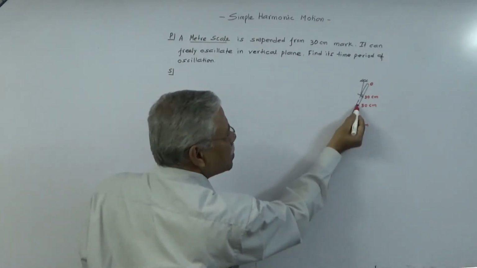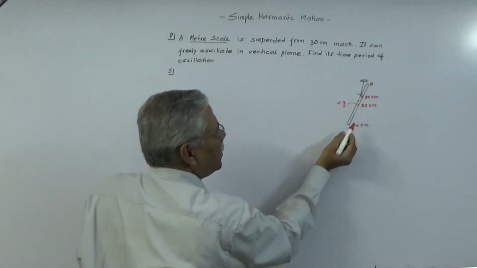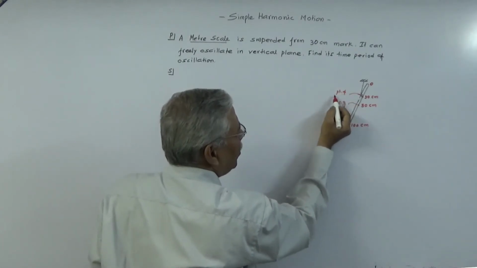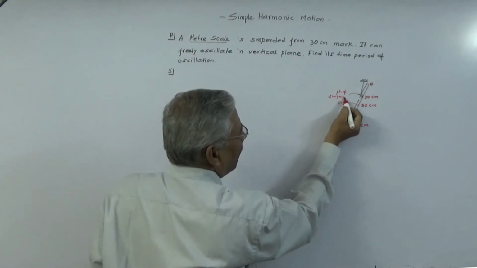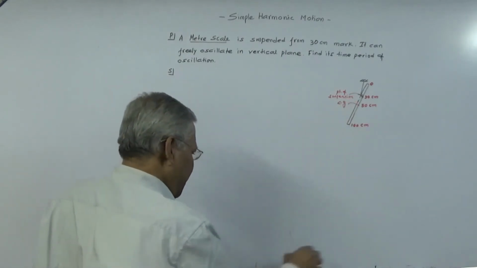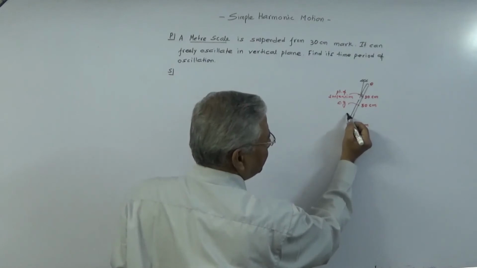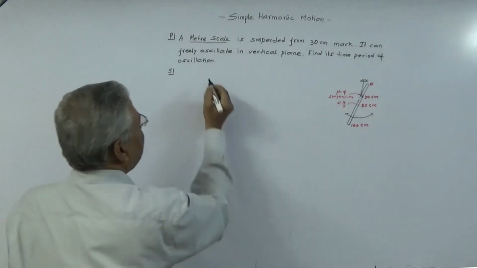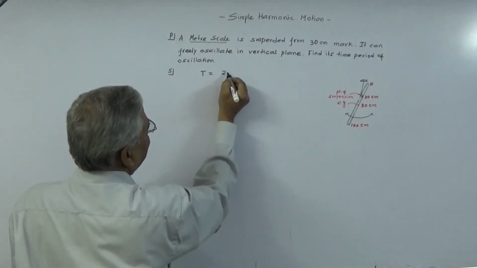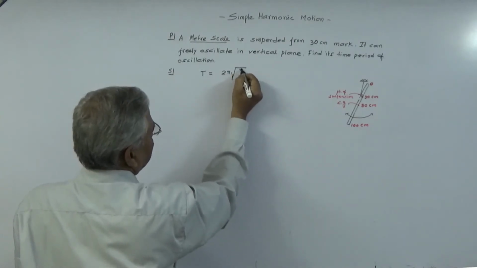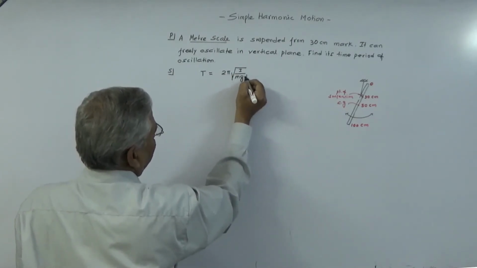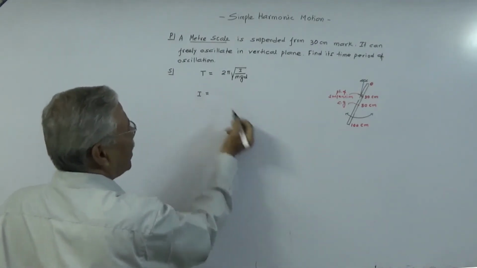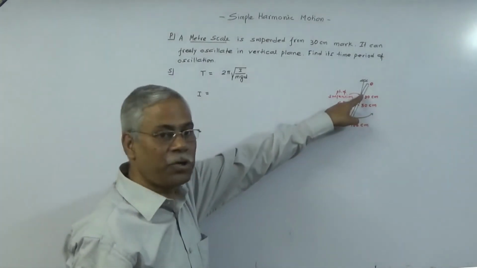This point is CG, this is the point of suspension, and this oscillates like this. Okay, T equals, we'll use the formula 2 pi root over I by mgd, I about the axis of rotation. This is the axis of rotation.